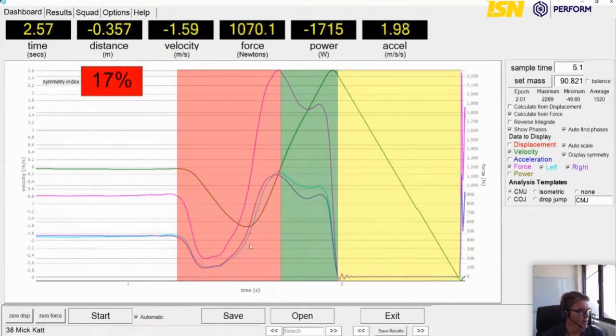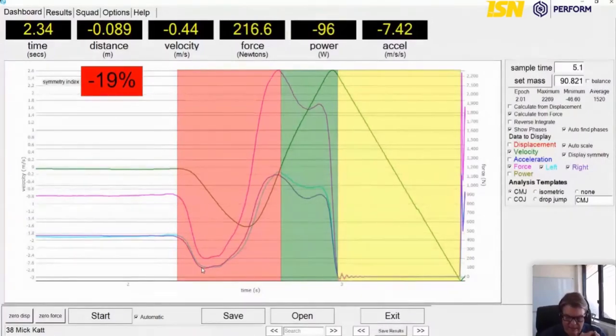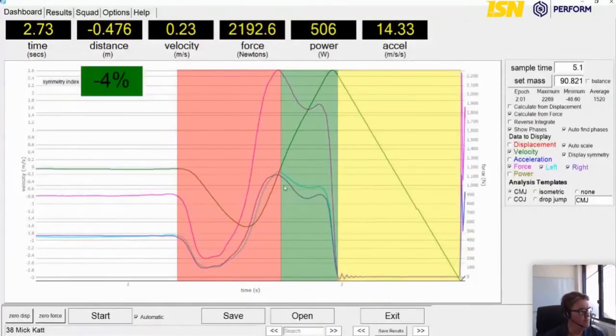But if we move across to the minimum force at this point, it's about 19% difference. So when they're unweighting, how much they drop their actual force is quite different between their left and right. And then during the concentric phase, again, you can see a considerable difference left to right, where they're favouring, in this case, the left leg. Much lower force production on the right side.